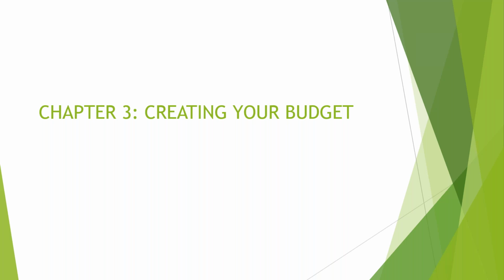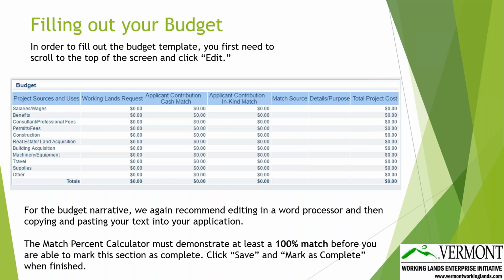So here we are, Chapter 3, Creating Your Budget. In Chapter 1, we talked about what is needed for match in terms of businesses and for service providers. If you are applying to the business category, and that's the one that's live now, you do need one-to-one match.